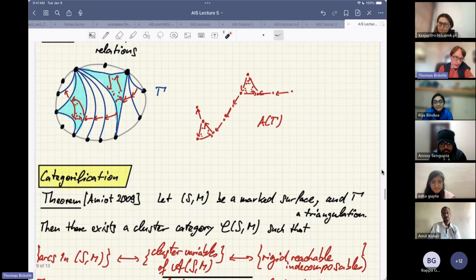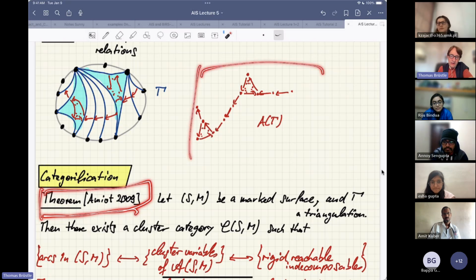But I can tell you there is a more general construction by Claire Amiot that can produce a cluster category also for those kinds of algebras. It's a kind of complicated construction, so I don't go too much into detail.